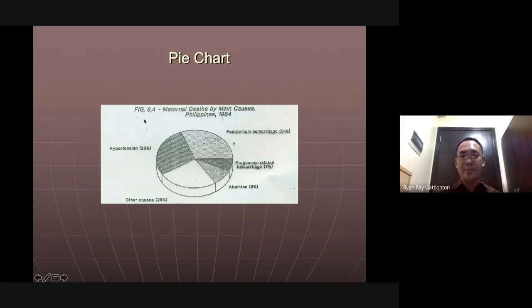It is no longer in use to write figure 8.4, figure 8.5. You have to name it consecutively: figure 1, 2, 3, 4, 5, 6, 7, 8, 9, 10. And you have to place the figure label at the bottom of the figure. Whereas the title of a table should be at the top.